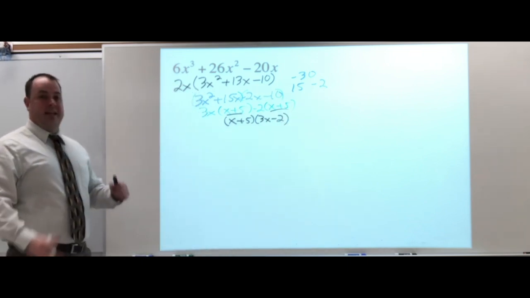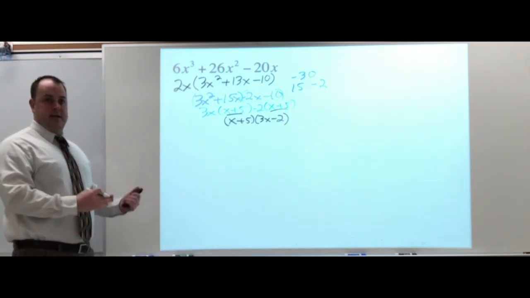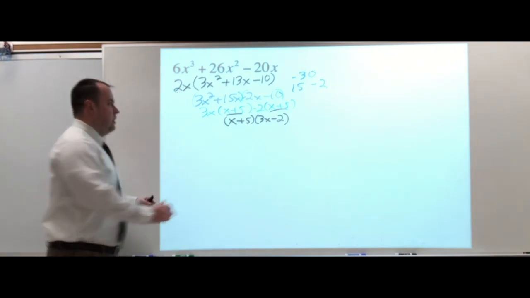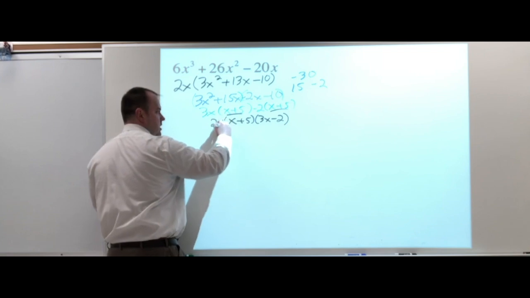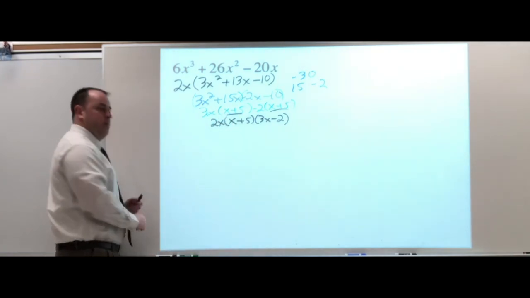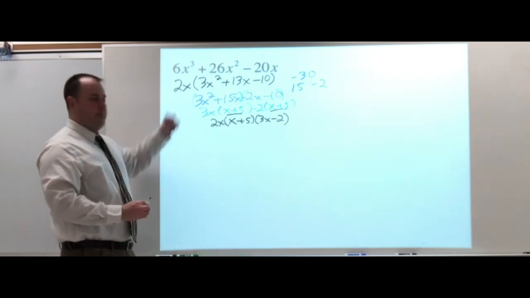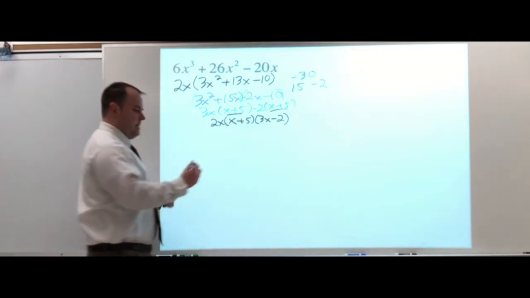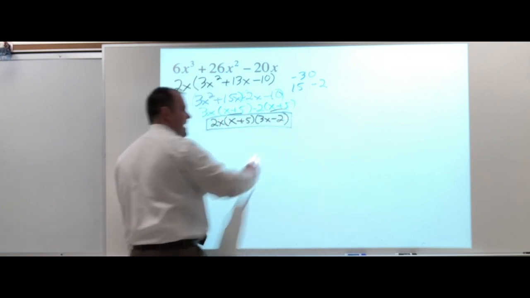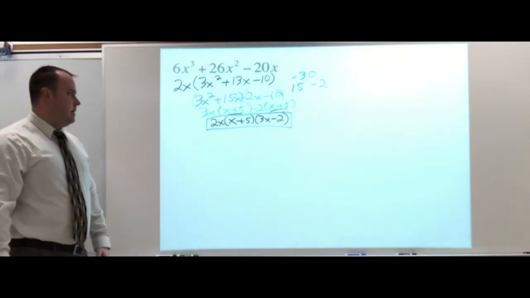Now, this is why I always say you can't ignore the greatest common factor or make it disappear completely. That 2x is part of our final answer. You have to bring that down at the very end. That's a common mistake, people forgetting about it up top there. That is part of our answer. And that is now factored completely.